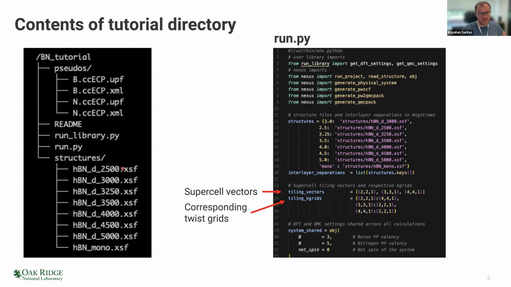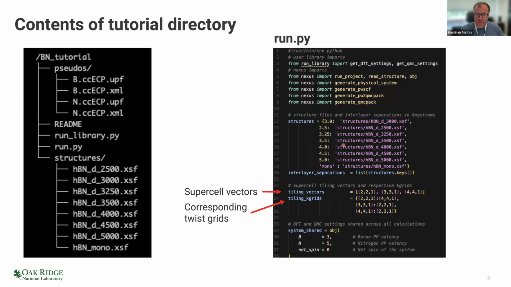The geometries used here are directly scraped from bulk hexagonal boron nitride. We took 2 layers of hexagonal boron nitride from the bulk geometry and then added vacuum around the bilayer so that the interactions die off in that region.